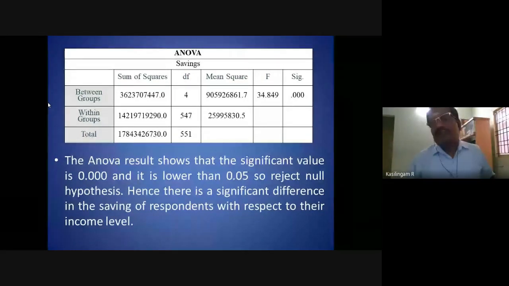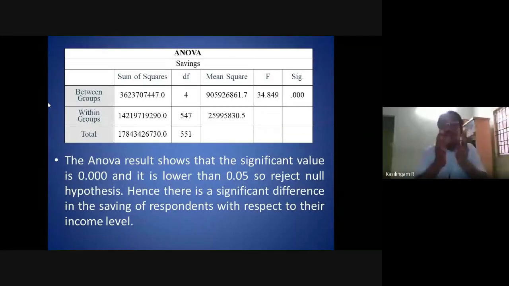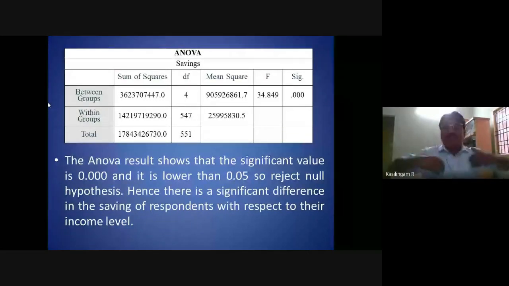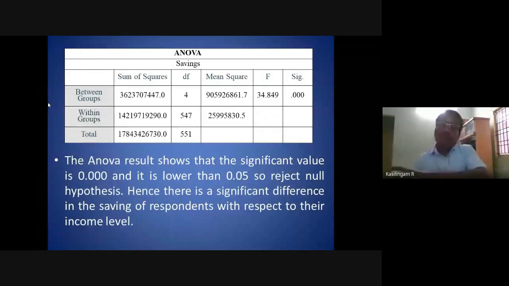Different means your performance may be lower or it may be higher. So you need to know who is performing better and who is performing lower. Because there is a difference, whenever we want to see all these things, we have to go to the post hoc. That will come later.